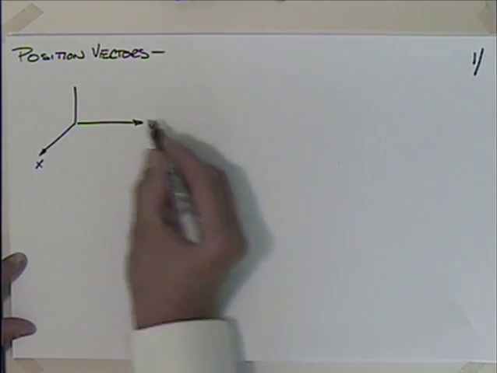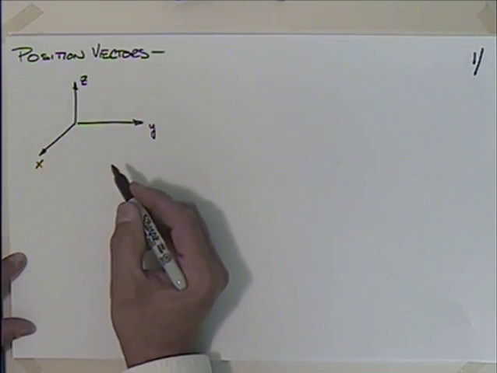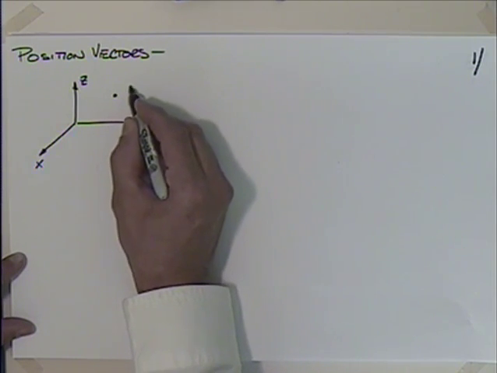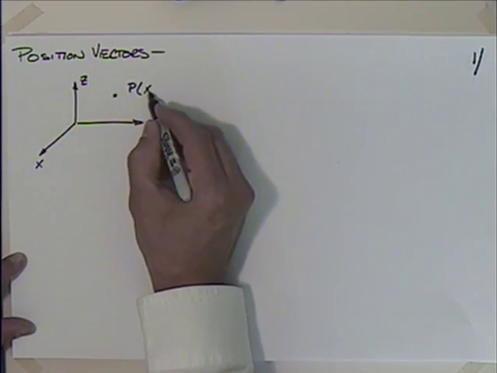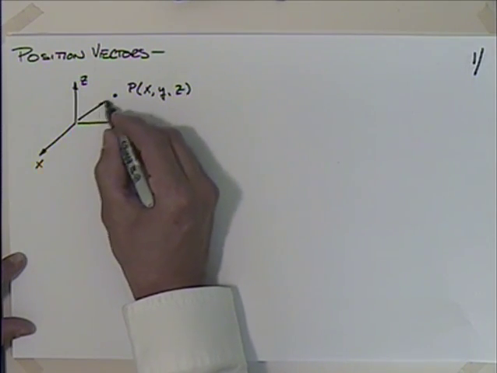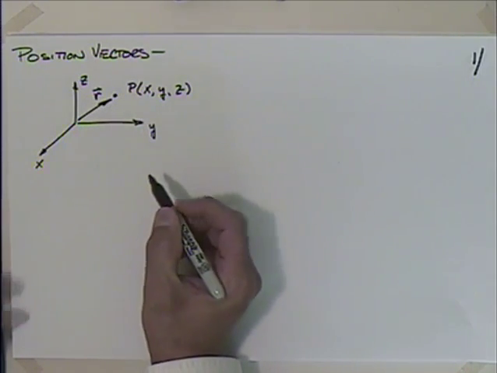We'll use again a right-hand coordinate system, x, y, and z. That's going to become critical when we start crossing things. And let's say that we have some point out here. We'll say that point is P, and it has an x coordinate, a y coordinate, and a z coordinate. So we could have a position vector, maybe we will call r. That's oftentimes what we use for a position vector.